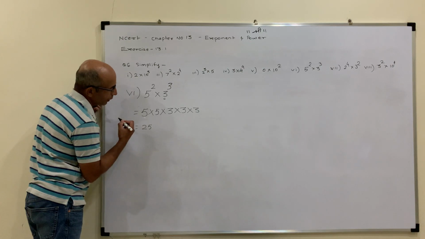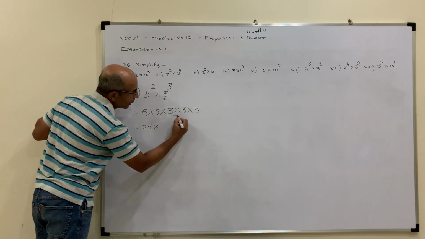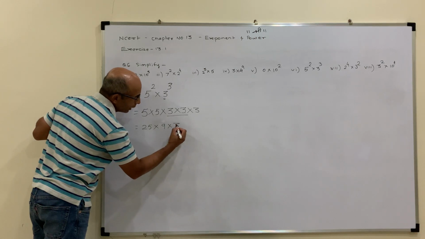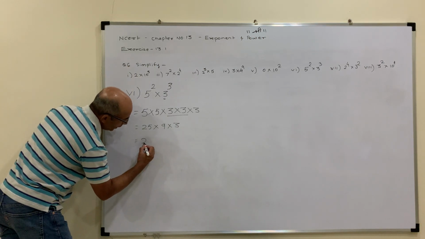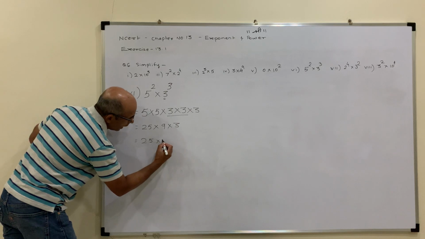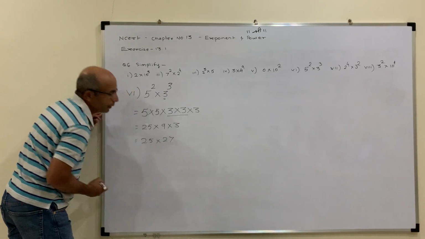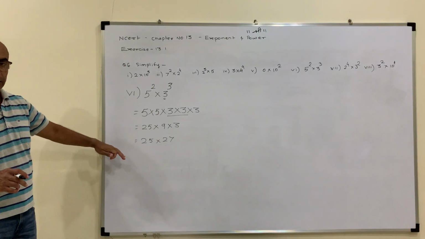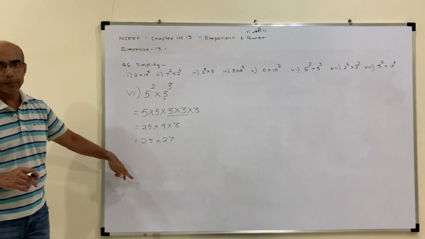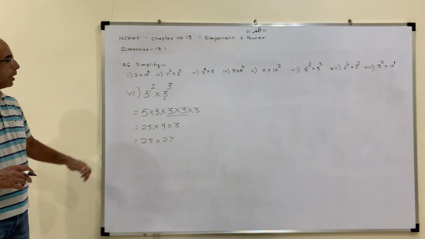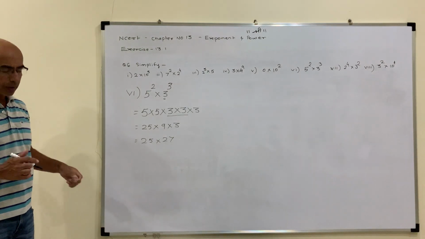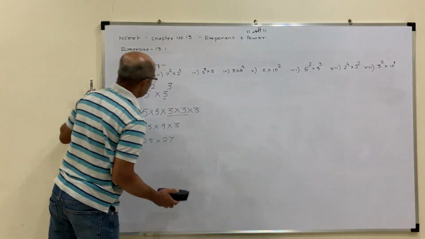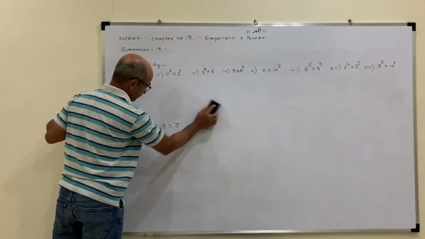I sorted this one. Then I'll multiply 3 3s are 9, into 3. So my next step will be 25 into 9 into 3, which is 27. So this simplification is done. If you have time, you can do a further multiplication, but that's not needed. Even if you just simplify and leave it over here, that should be okay. So now we move on to the next one, the number 7 problem.